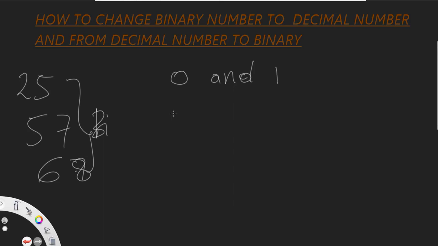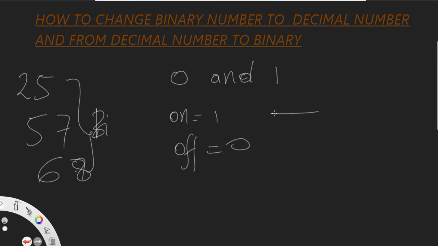For example, when you say on, it is represented by 1, and off is equal to 0. That is how you can see the binary number.